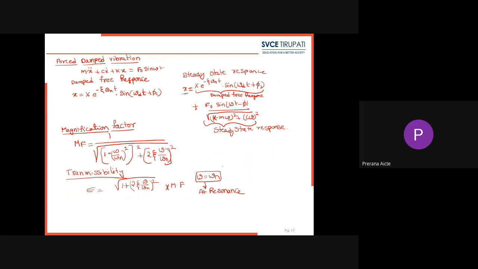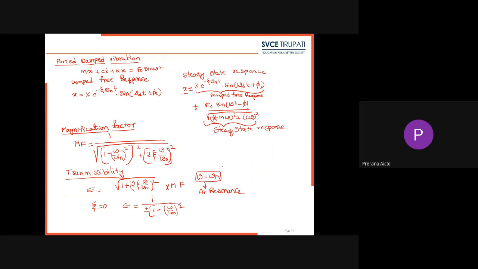So if there is no damping in this particular equation, assume that this value is 0, then the whole term will be 1 by plus or minus, 1 minus omega by omega n whole square.